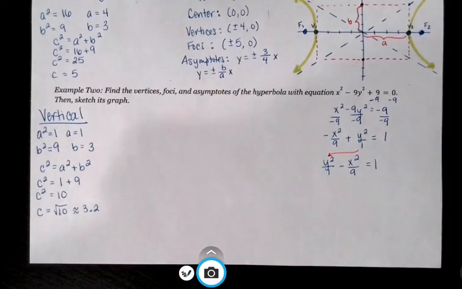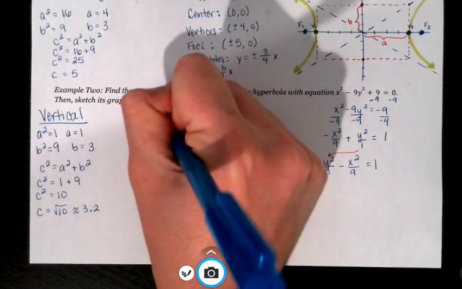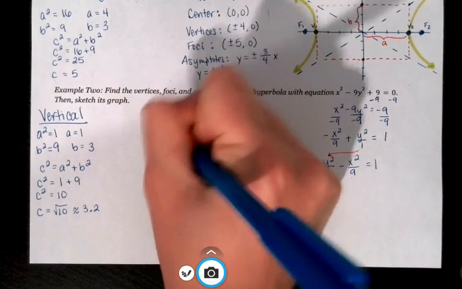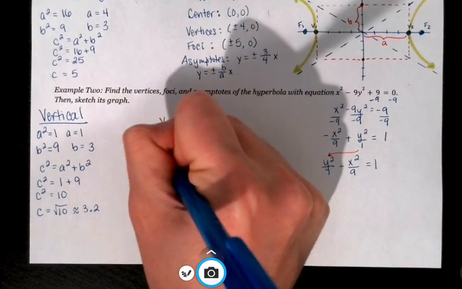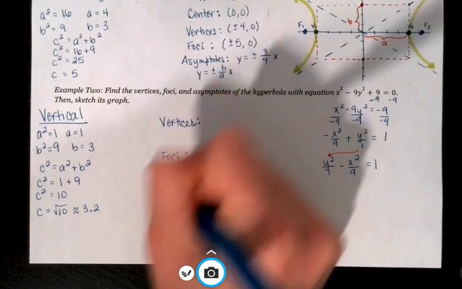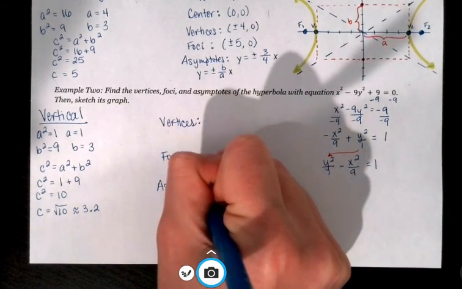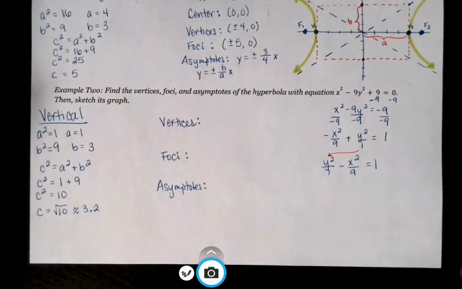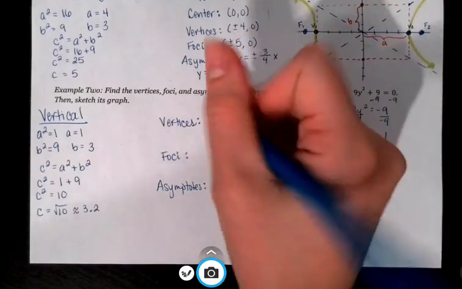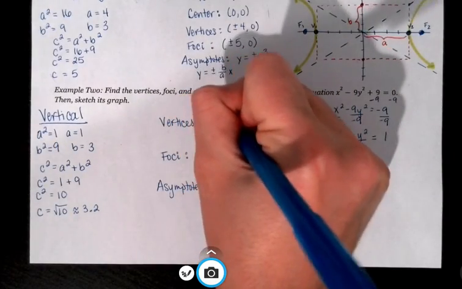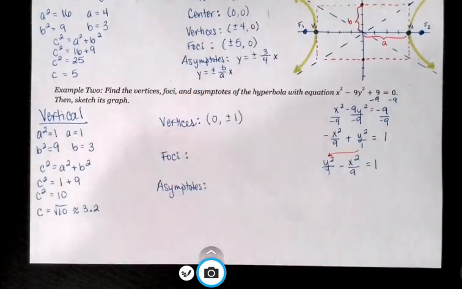My center is still at the origin, but I'm going to start by identifying my vertices, my foci, and my asymptotes. So my vertices are still based on whatever my A is, but since it is vertical, the number goes in the y spot, so it's going to be 0 plus or minus 1.